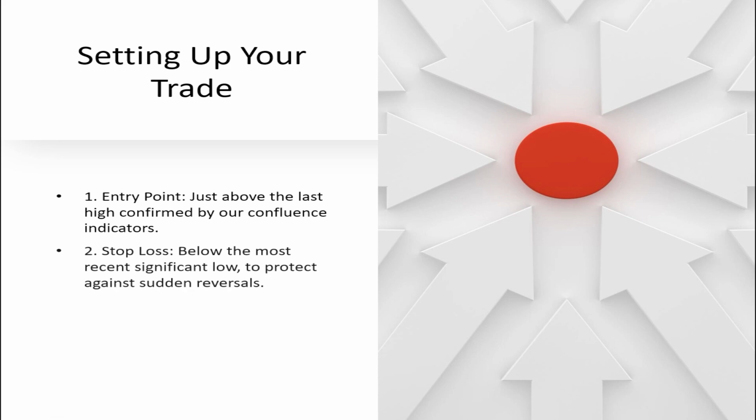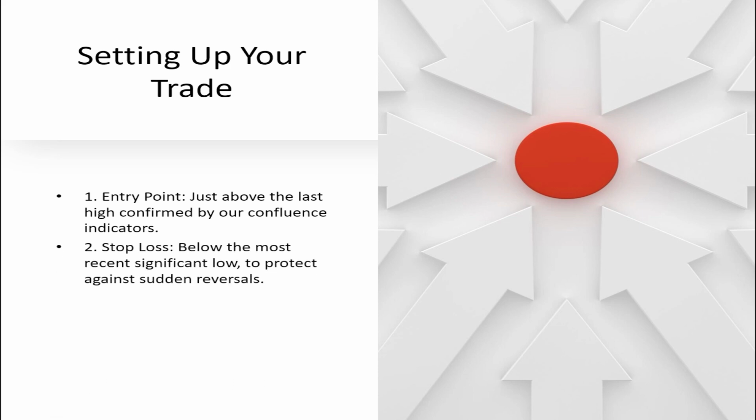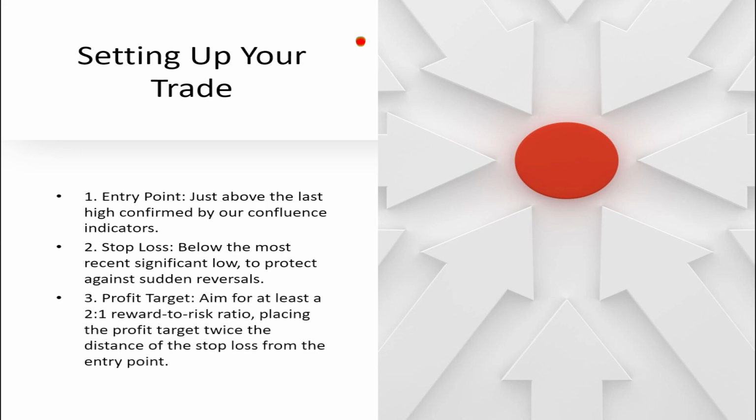Then the stop loss goes below the most recent significant low to protect against sudden reversal. Last but not the least, the profit target. I aim for at least a 2:1 reward to risk ratio, placing my profit target twice the distance of my stop loss from the entry point. With this setup, we ensure that our potential gains are twice what we actually risk. It's a fundamental principle in successful trading strategies.